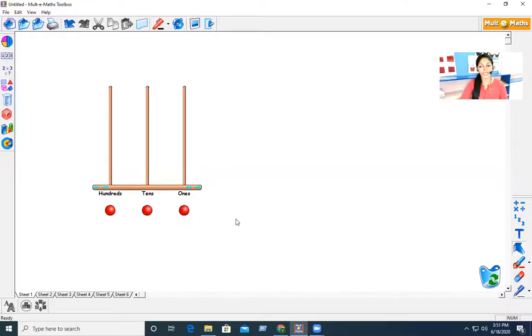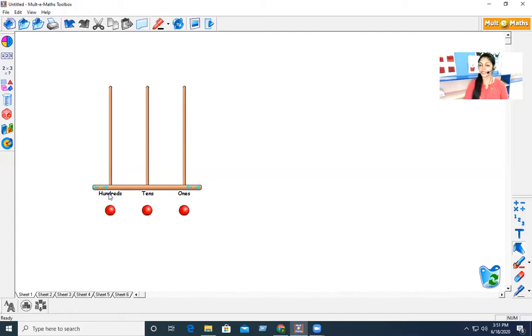So here is an abacus. An abacus has three places: hundreds place, tens place, and ones place. Now I'm going to put the beads in the spikes and you have to identify the number.